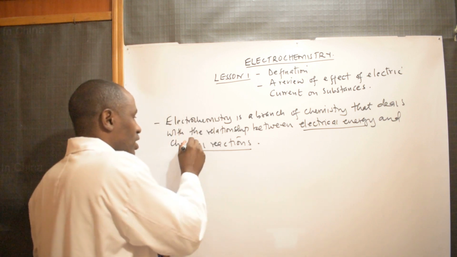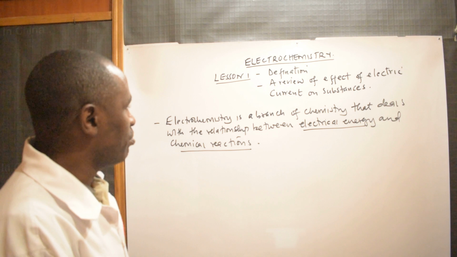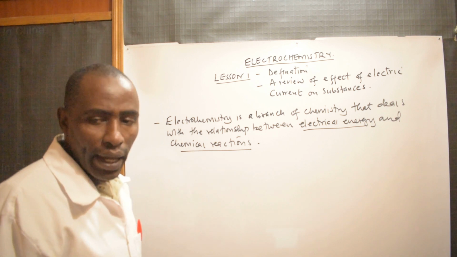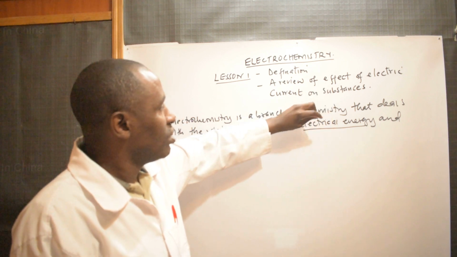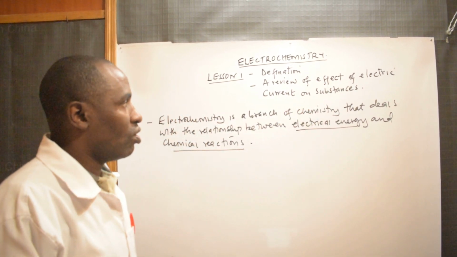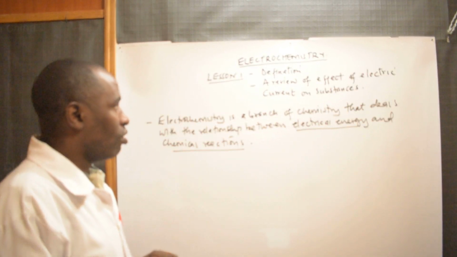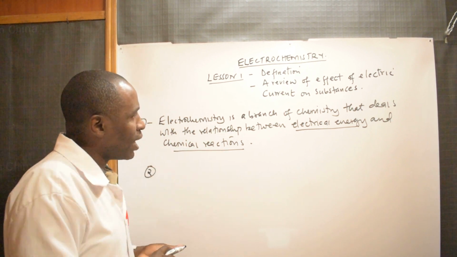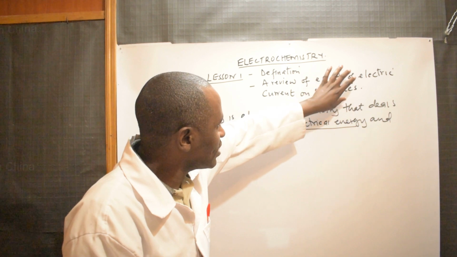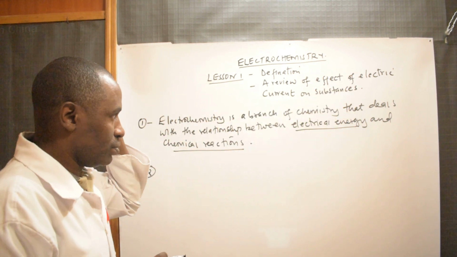Having said this, you can now tell why it is important to review the effect of electric current on substances. Now, let us get back to what we learned in our Form 2.